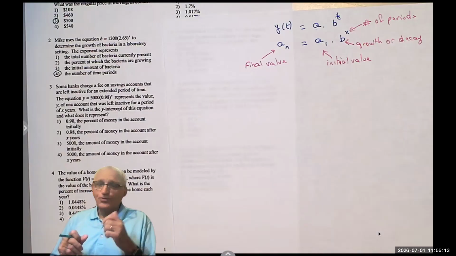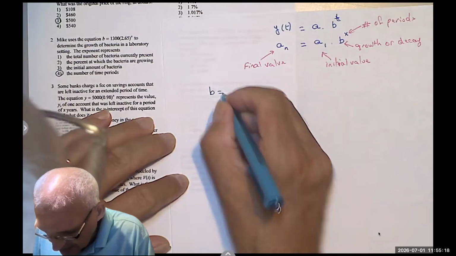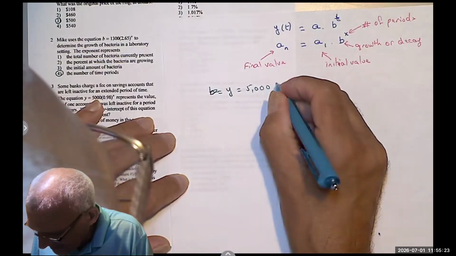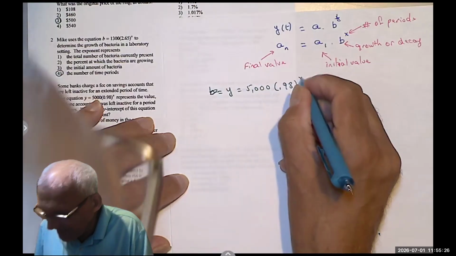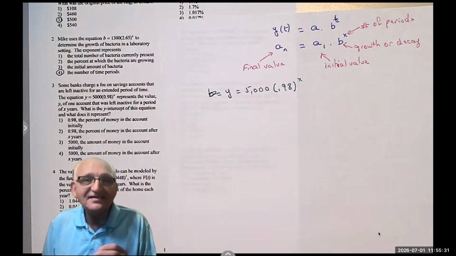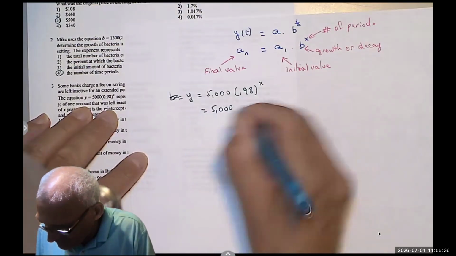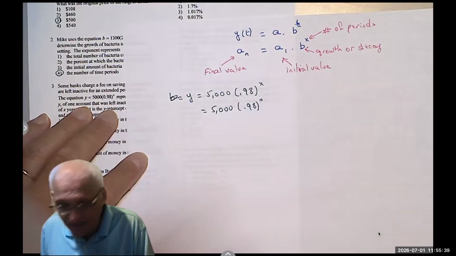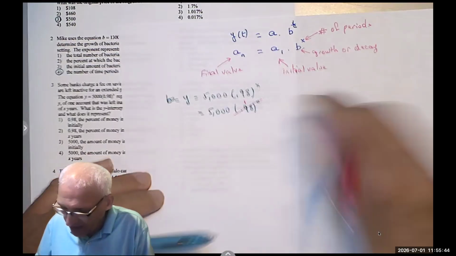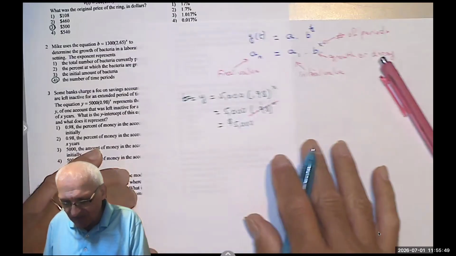The y-intercept in any equation is usually when you set x equal to 0. So if we write y equals 5,000 times 0.98 to the x, and I set x equals 0, I get 5,000 times 0.98 to the 0th power. We know that any number raised to the 0th power is 1, so I get $5,000.